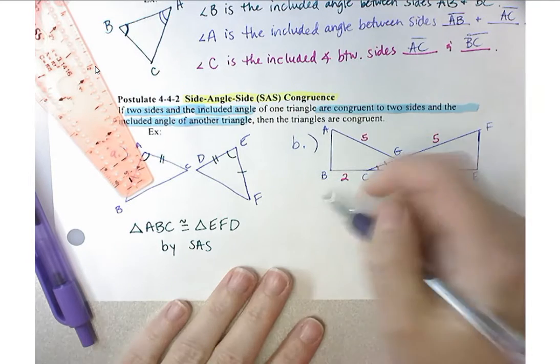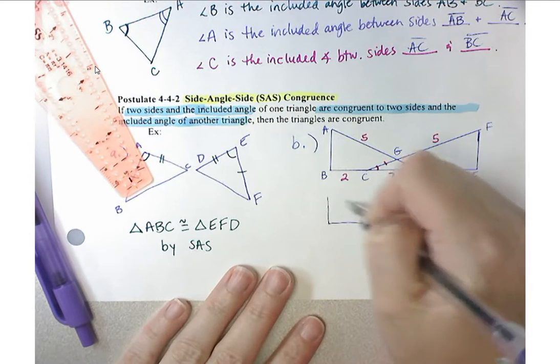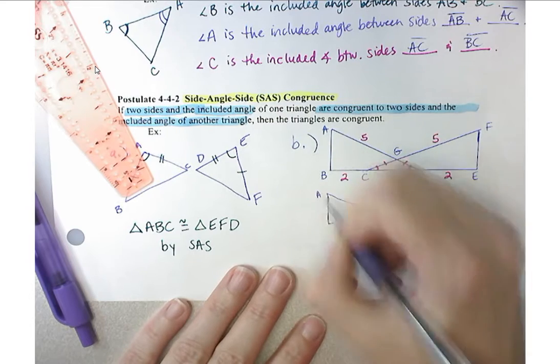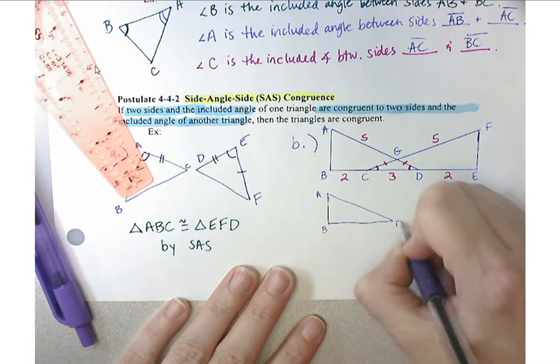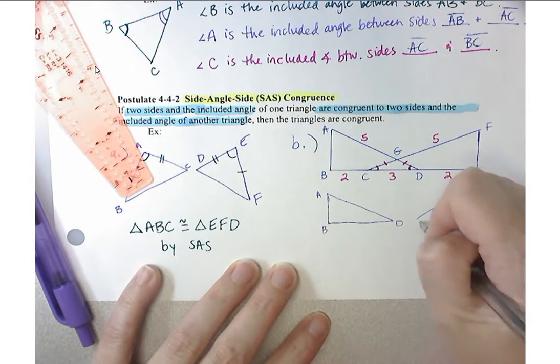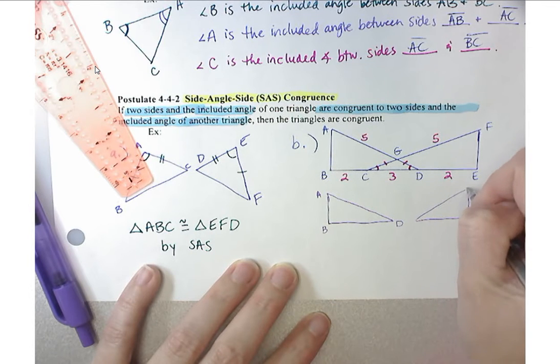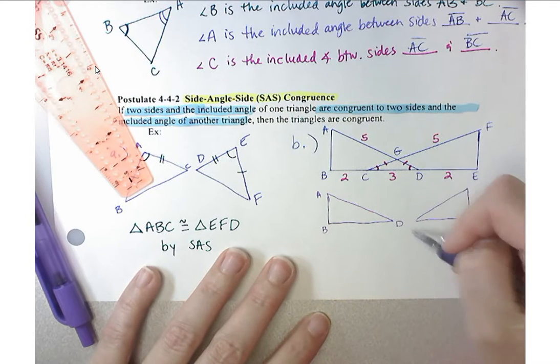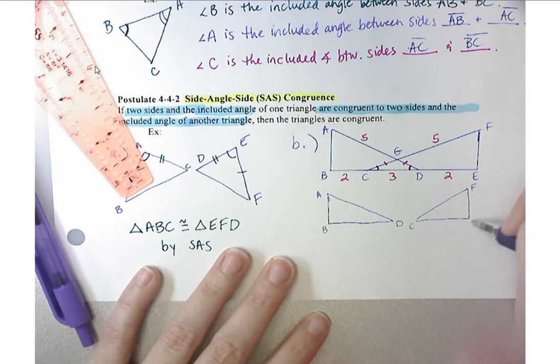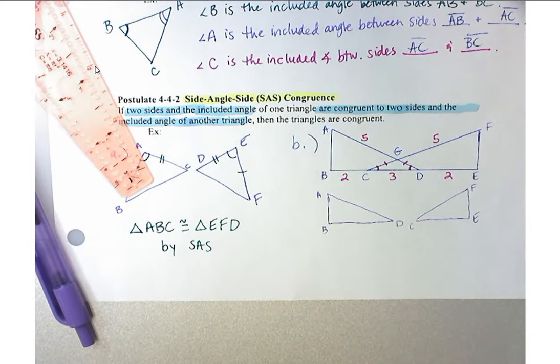So I would draw ABD here. Okay, and then for this one it would be CFE. And then I want you to go ahead and label the parts that you know. Okay, so label the parts that you know.